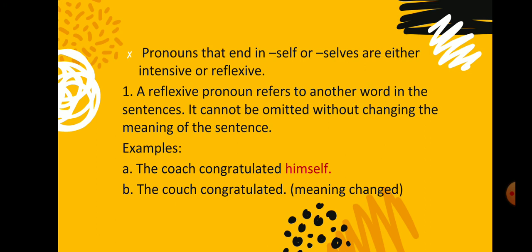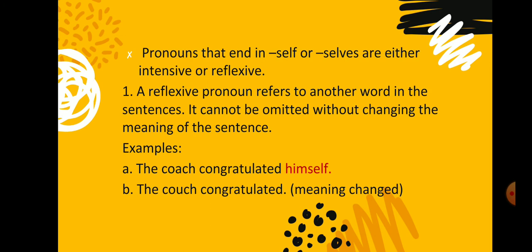intensive or reflexive. We're going to go through a couple of rules when we're using them. The first one is that a reflexive pronoun refers to another word in the sentence, and it cannot be omitted without changing the meaning of the sentence. This is a very good tip to identify a reflexive pronoun.